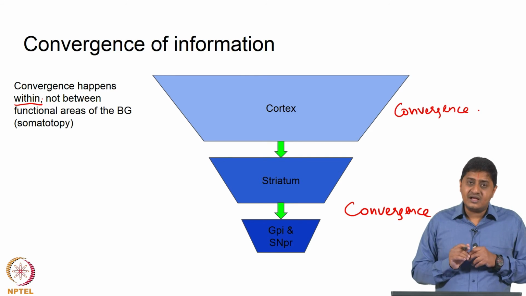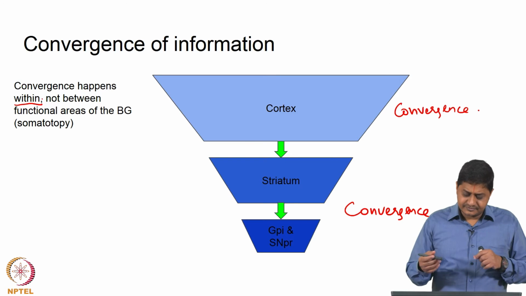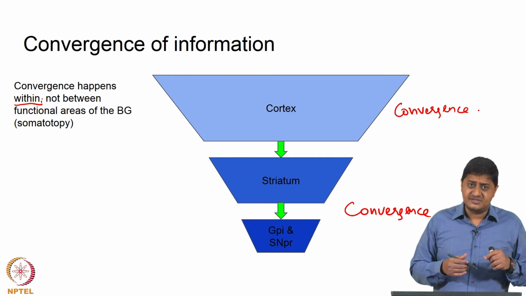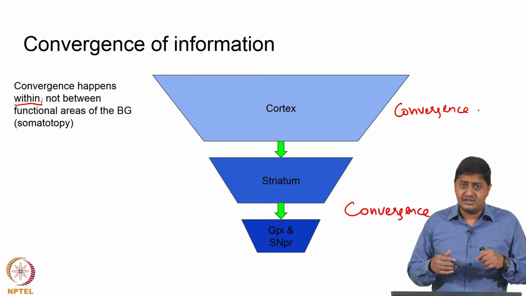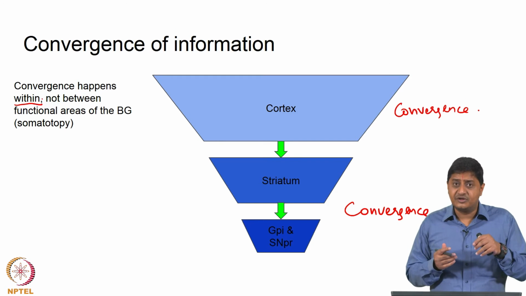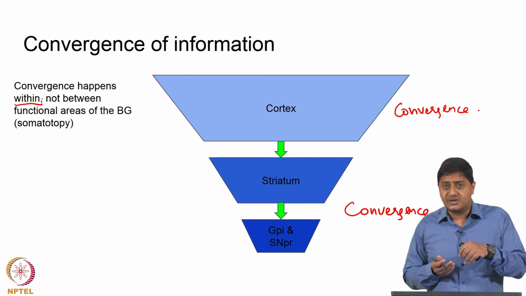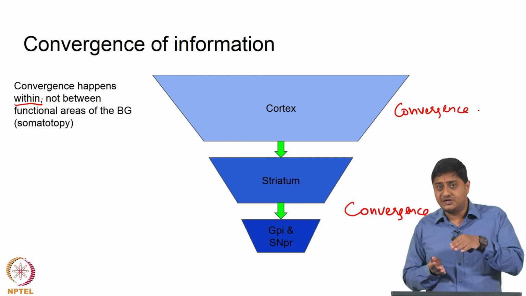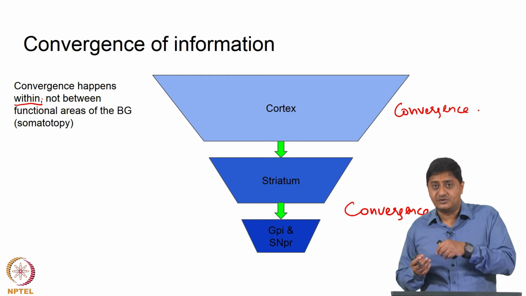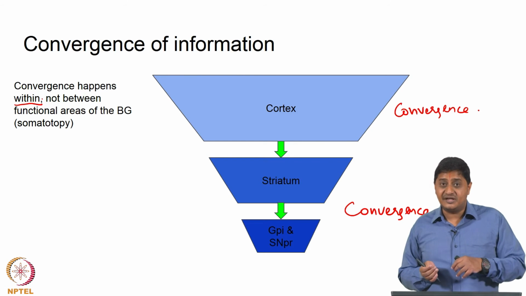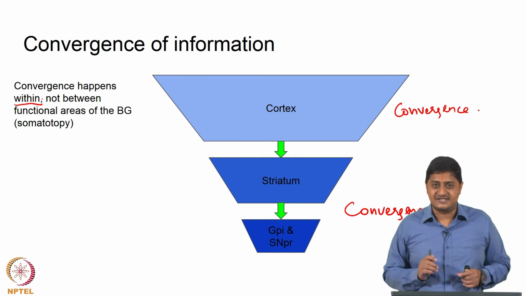Now, if you take similarly a different area, say the cingulate motor area, a large number of cingulate motor area neurons project to a smaller number of striatal neurons, and a relatively large number of striatal neurons project to a smaller number of pallidal neurons. Segregation is maintained while at the same time convergence is happening.